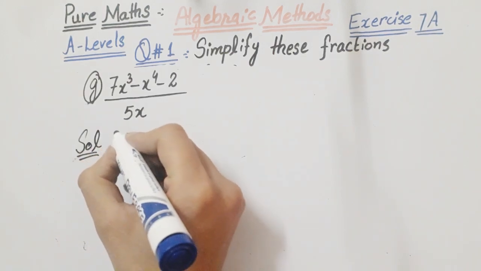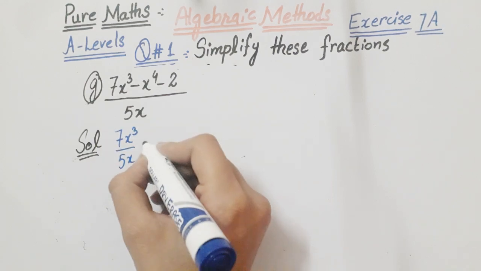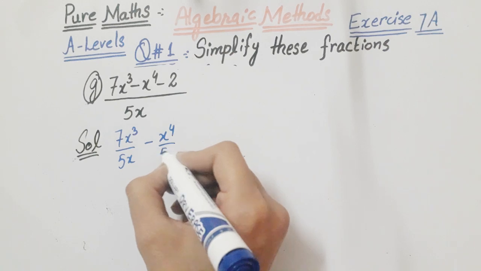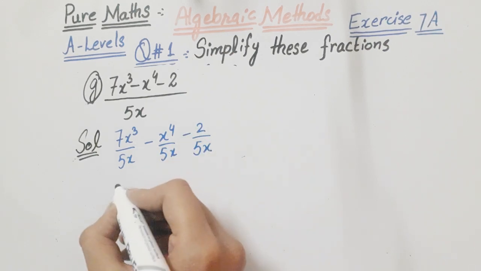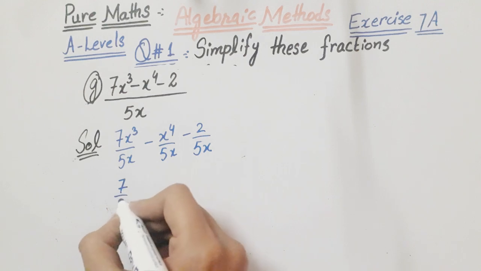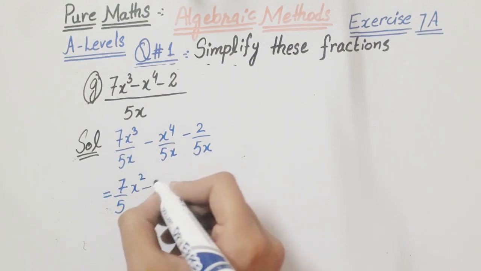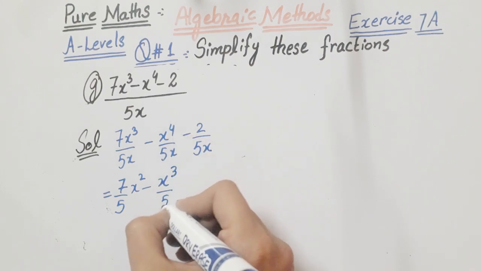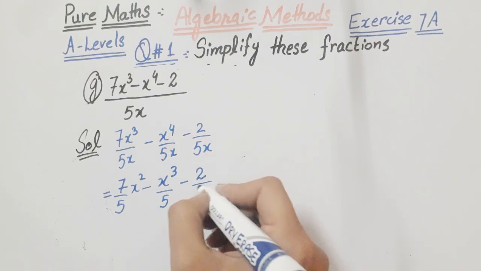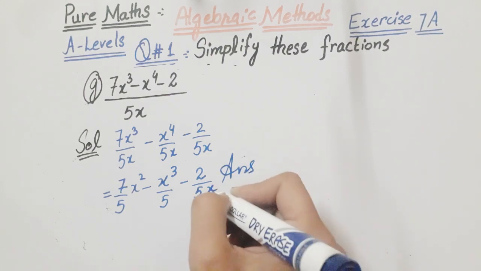So 7x^3 by 5x minus x^4 by 5x minus 2 by 5x. We will have 7 by 5, x^3 minus x^1 is x^2, minus x^4 minus x^1 is x^3 by 5, minus 2 by 5x. So this is the answer of this question.